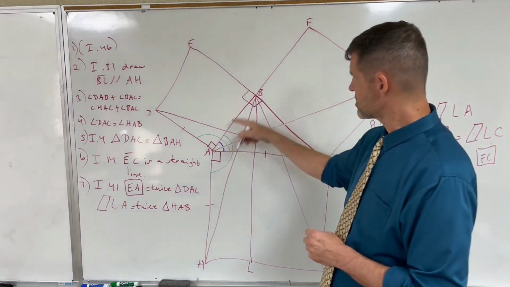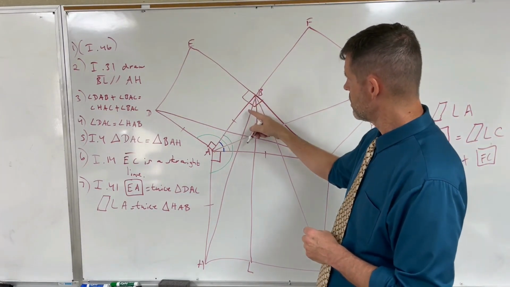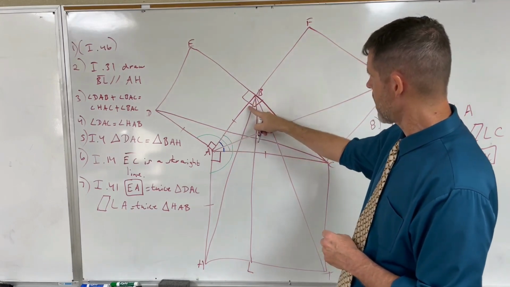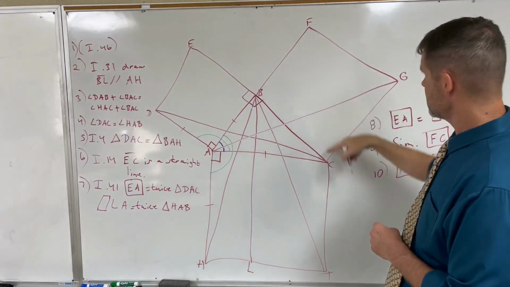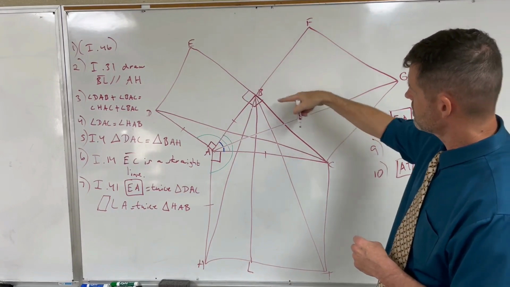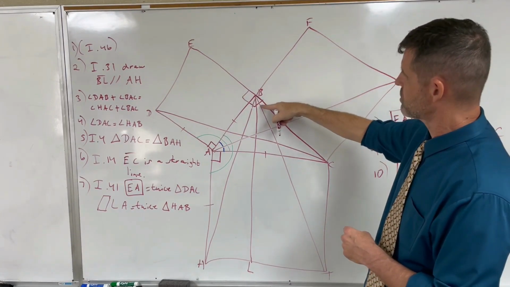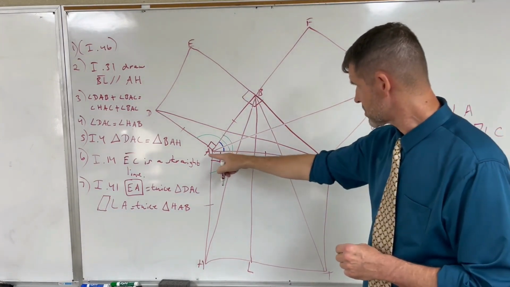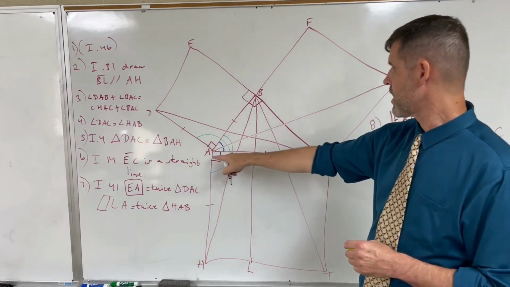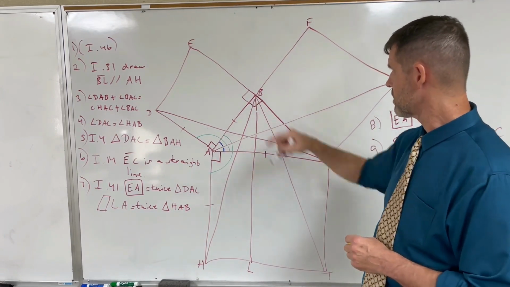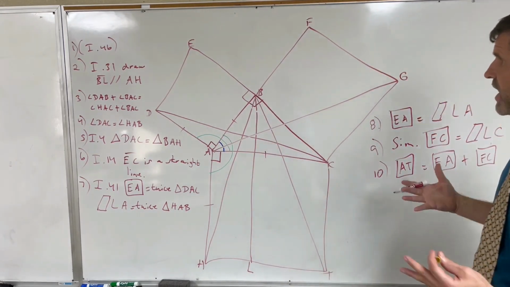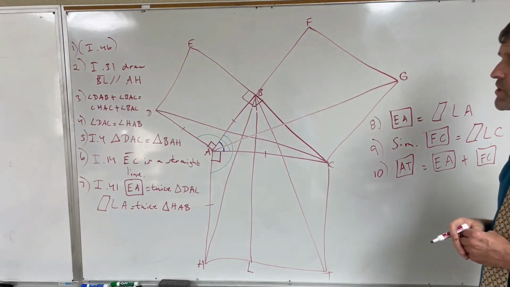But EA is a square on the line AB, which is one of the sides about the right angle, and FC is a square on the other side about the right angle, and the square AT is the square on the side subtending the right angle, which is exactly what we wanted to prove. QED.